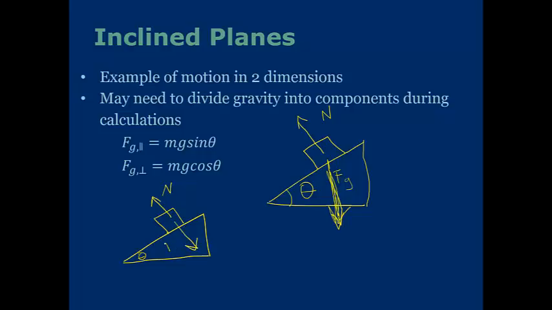I could state that there is a force perpendicular and a force parallel. This may make our calculations a little bit easier because we take our force of gravity and adjust it accordingly. So I can convert a system that's at an incline into something that's a little bit more manageable.